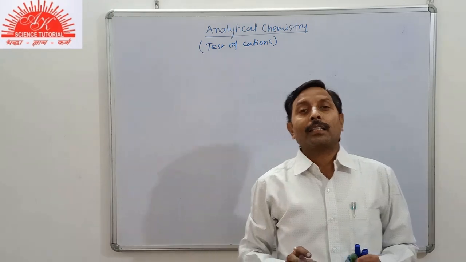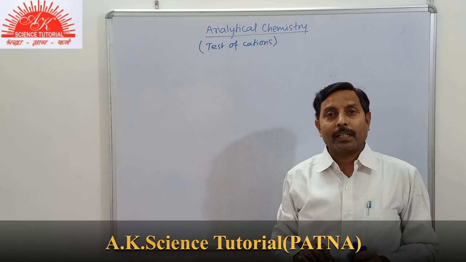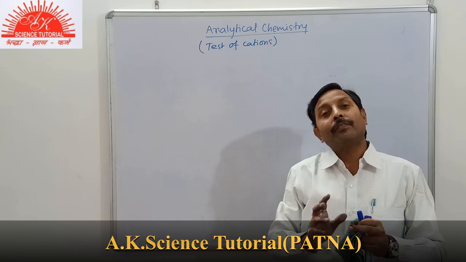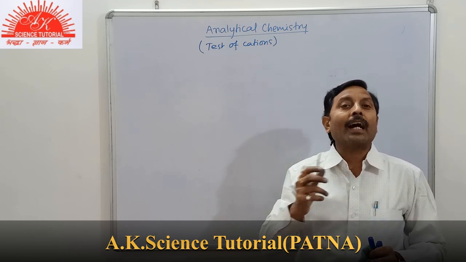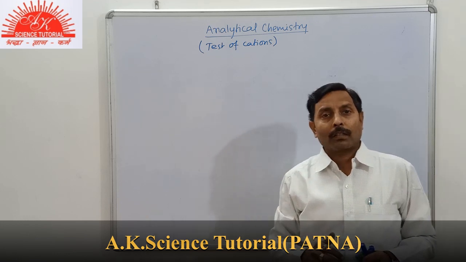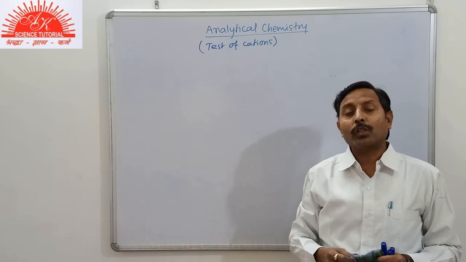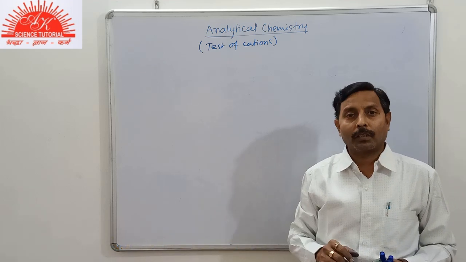In today's class, we will study analytical chemistry. It refers to the test of cations, for the practical purpose, for the point of observation. Questions are asked: what do you observe?